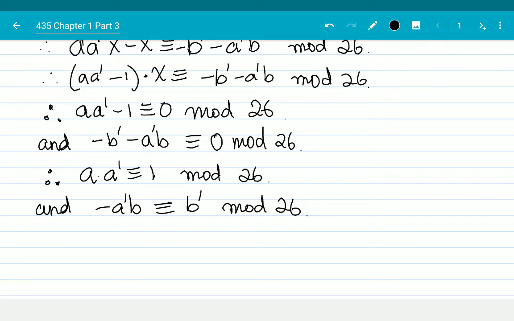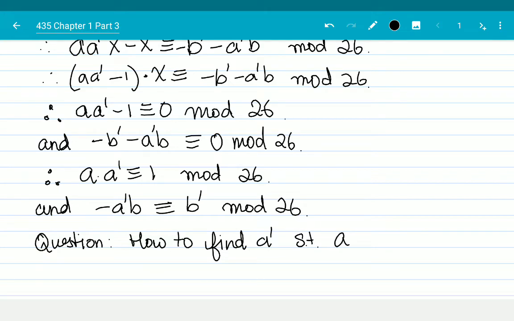How do I even find what a prime is? Question: how to find a prime such that a times a prime is congruent to 1 mod 26, or let me just say 1 mod n.